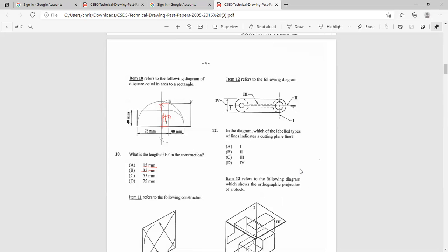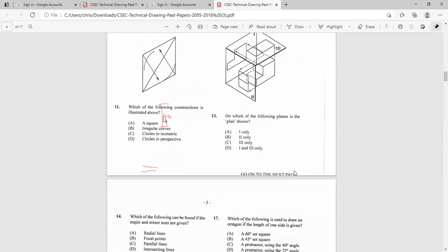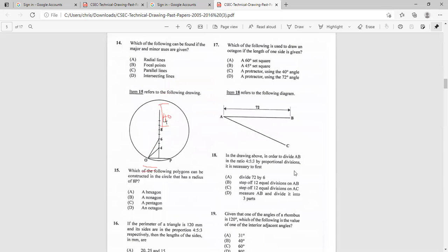All right, let's move on. Which of the following can be found if the major and minor axes are given? Again, this comes back to the previous question. Which of the following can be found?